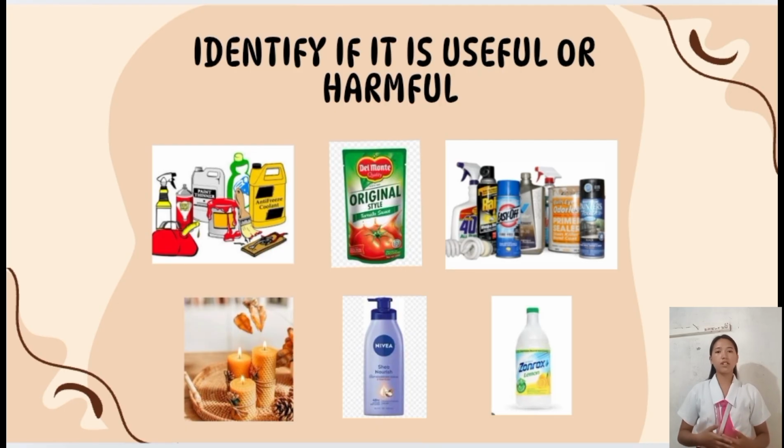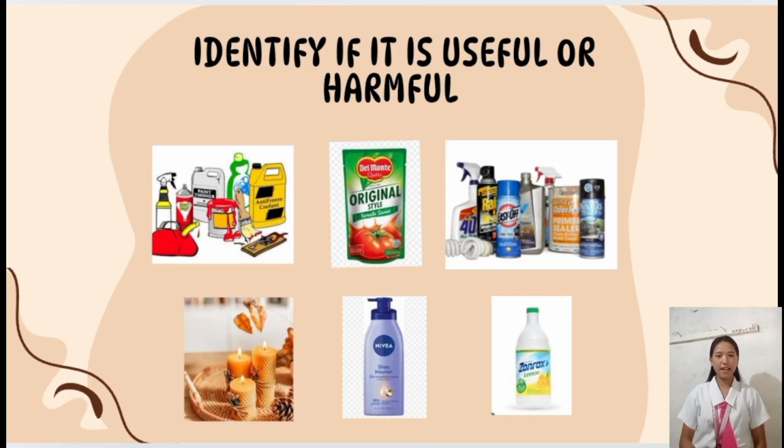And the next picture, can you identify, Iruso? Okay, thank you. Useful. Okay, for the last picture, can you identify, Bermejo? Okay, thank you. Useful. Okay, so thank you for your participation, class.